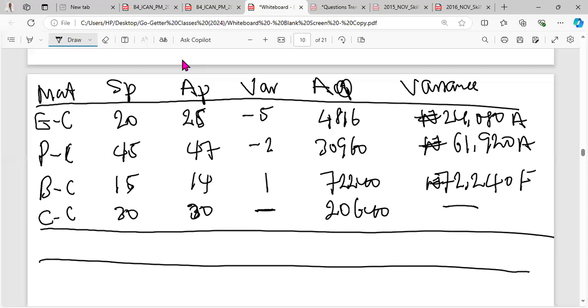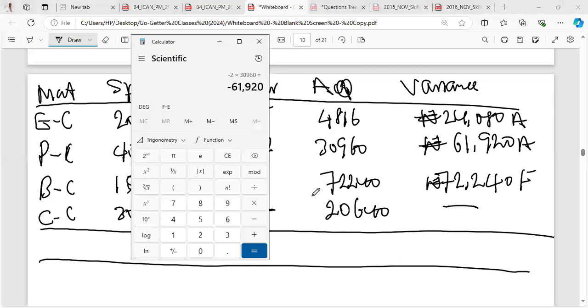So let's add them. The adverse 24,080, I will also minus the other adverse 61,920, then I will plus the favorable 72,240.